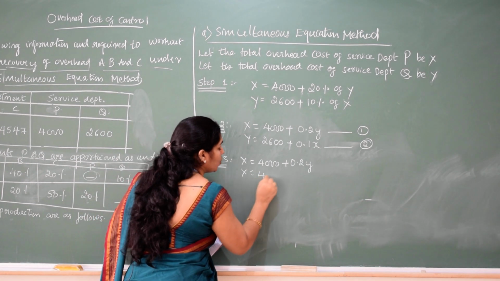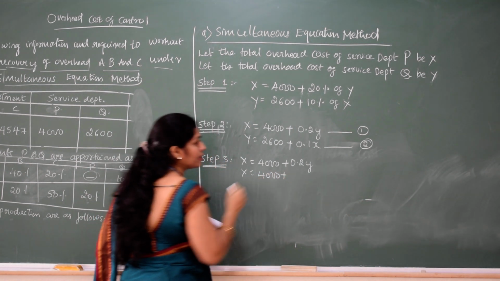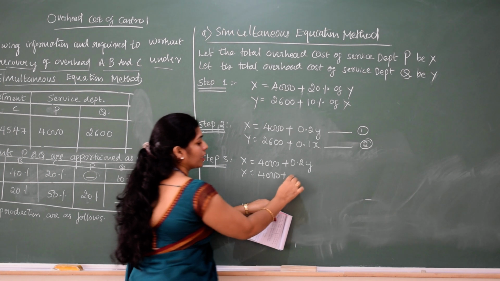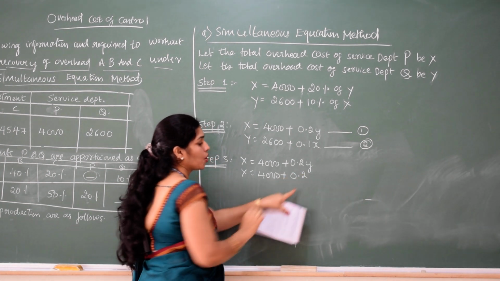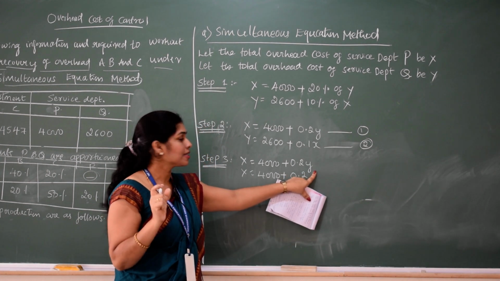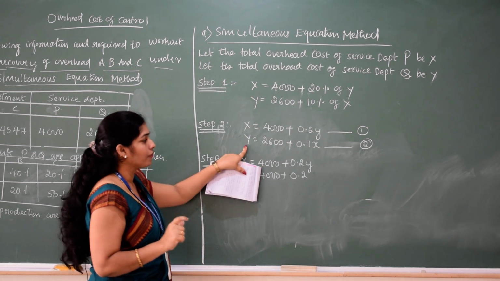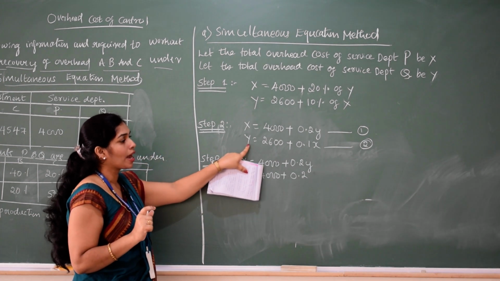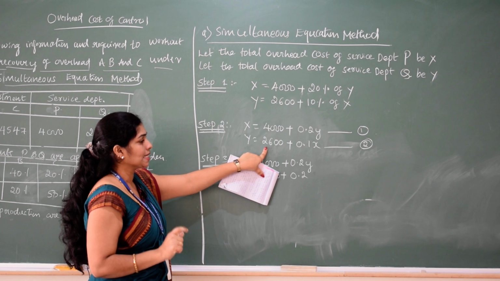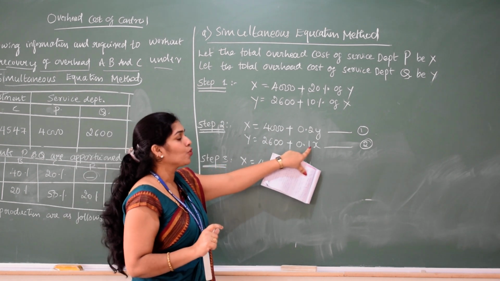X is equal to 4000 plus 0.2Y. What is the Y value? Here I will take Y is equal to 2600 plus 0.1X.